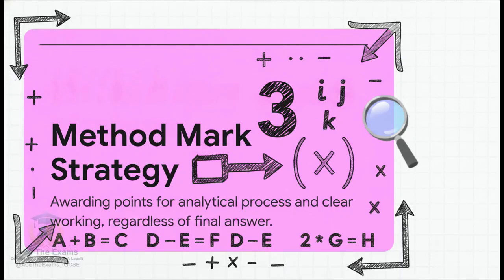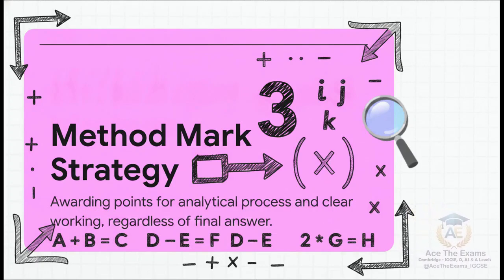All right, let's talk about the sheer, undeniable power of the method mark strategy. It's fascinating because examiners actively want to reward you for the process of solving vector notation, addition, subtraction, and scalar multiplication. When you're asked to multiply a vector by a scalar, the examiner isn't just checking if you know your basic times tables. They are actively checking if you understand that the scalar value distributes to every single component of that vector.